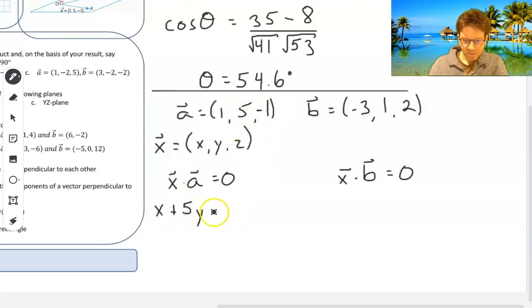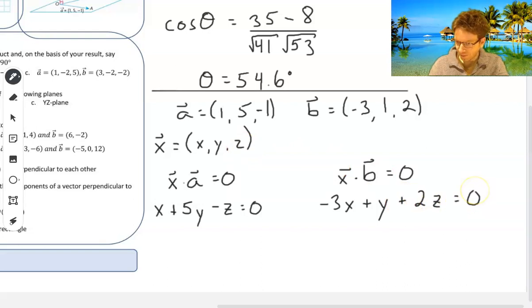And negative 1 times z, negative z equals 0. You can do the same thing for our dot product with x and B. Negative 3 times x gives us minus 3x. 1 times y, so plus y. And 2 times z is plus 2z. And that should equal 0 if they are perpendicular, which is what we want.